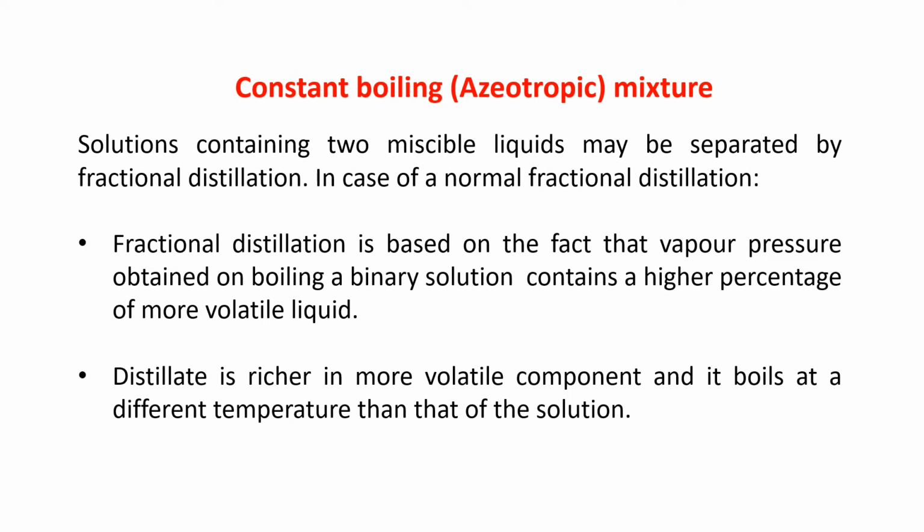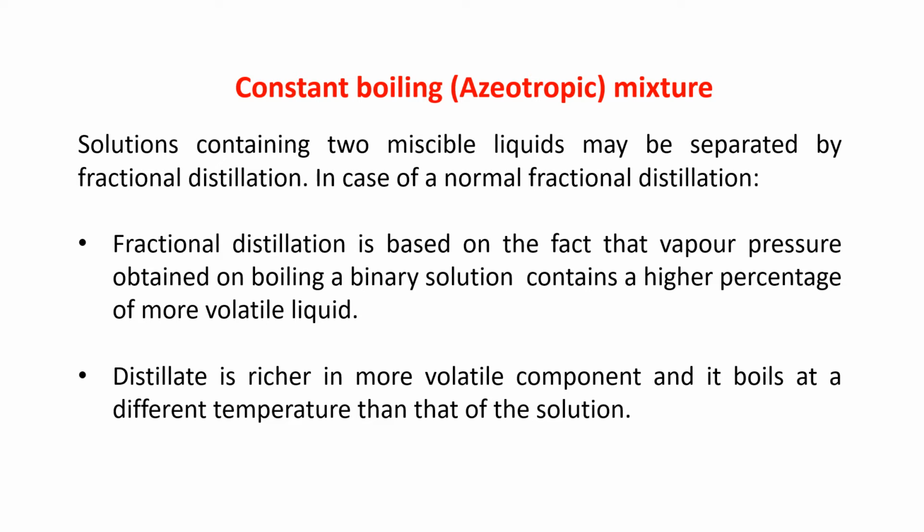Constant boiling or azeotropic mixture. Some non-ideal solutions show deviation from Raoult's law. We have two types of deviation, positive deviation and negative deviation. In positive deviation, we have seen that there are two types, type 1 and type 2.